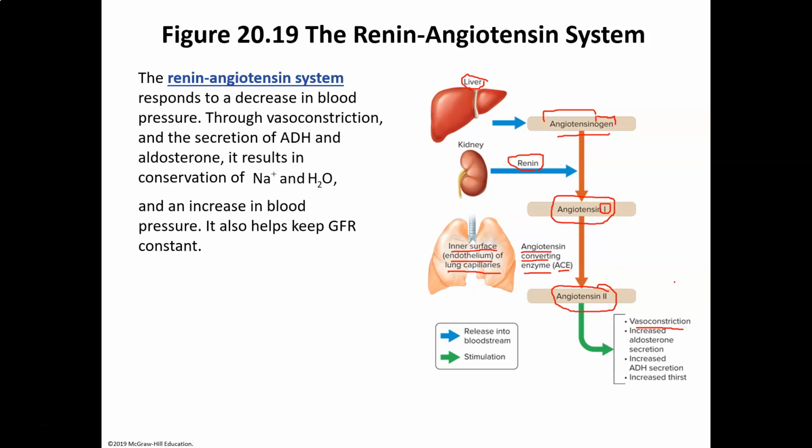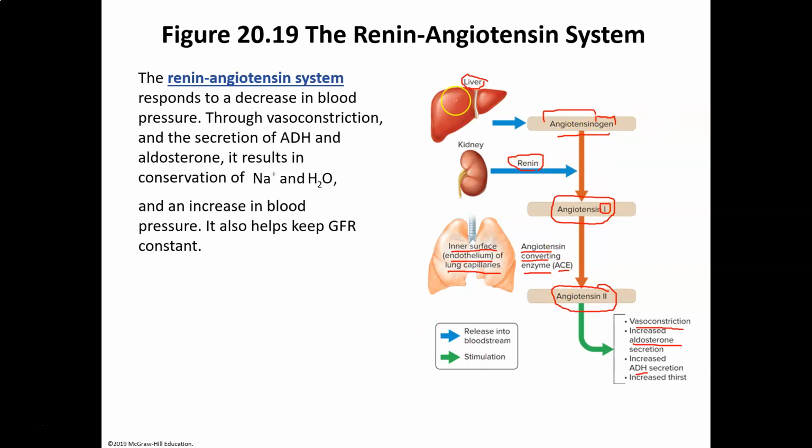So it's going to constrict them. That's an increase in pressure immediately. It also stimulates the release of aldosterone, and it stimulates the release of ADH. Now, ADH is called antidiuretic hormone. We're going to get into its specificity in a moment. So this is the process.